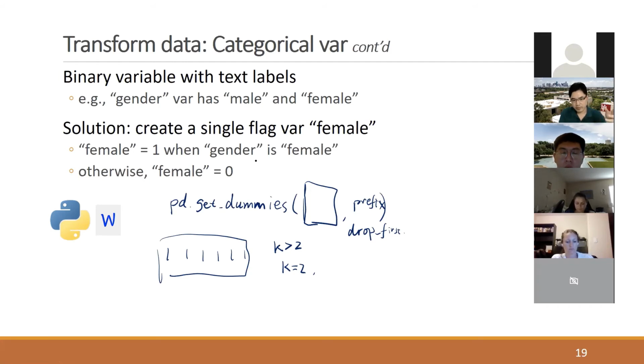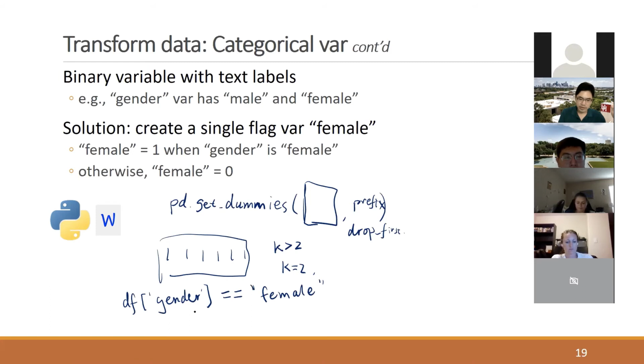Typically gender is a series, so if the data frame is imported as a data frame, we have to identify the column as a series, slice or index the gender column, and then double equal is comparison, double equal female label.